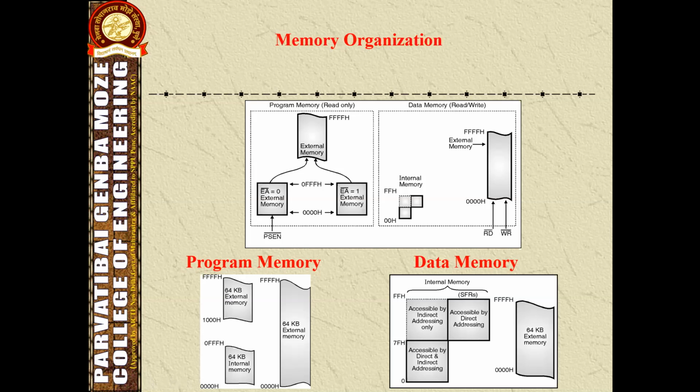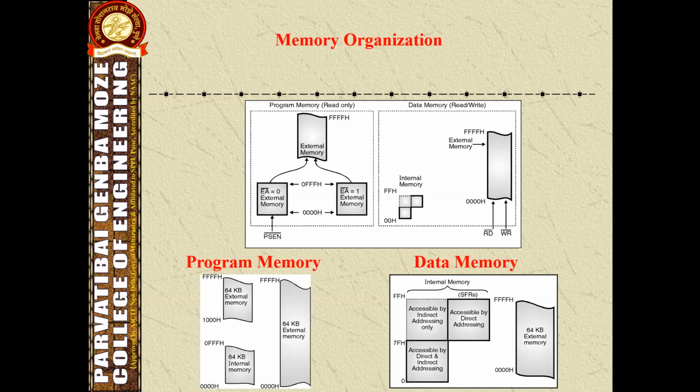If the pin EA is connected to VCC, then the program fetches from addresses 0000H to 0FFFH are directed to internal memory, and addresses from 1000H to FFFFH to external memory.